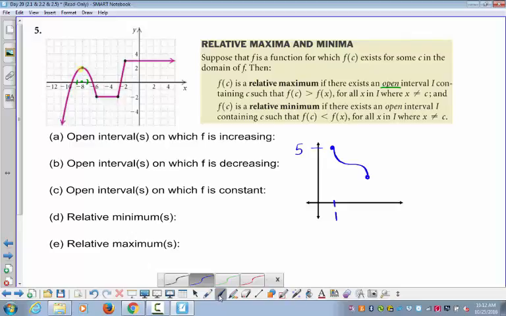So that I has to be in the domain. And right here, there's no open interval that we can choose because the function's not defined over here. So we have to have that open interval down in the domain for us to talk about whether a point's a relative max or relative min. So that we would not consider a relative max.